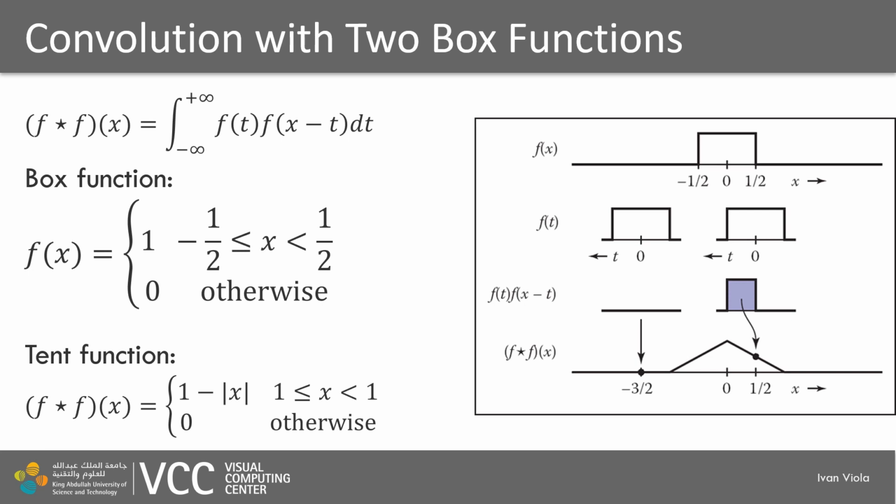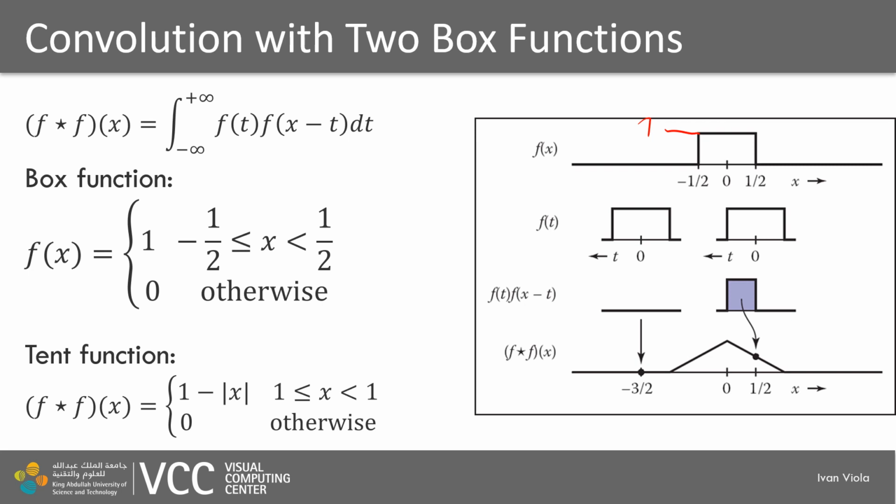Let's have a look at some continuous functions, and let's have a look again at our box filter, but a continuous one. So the box filter is defined as being of value 1 at a certain interval from -1/2 to 1/2.